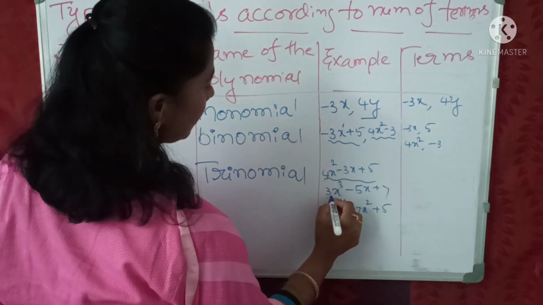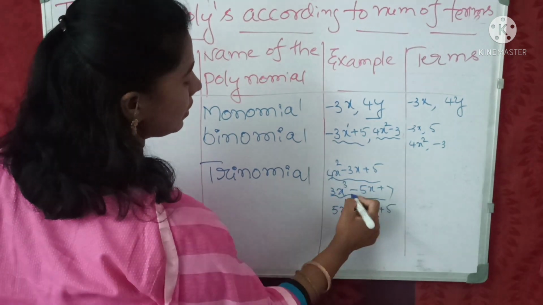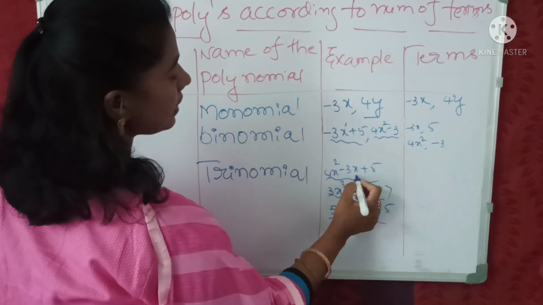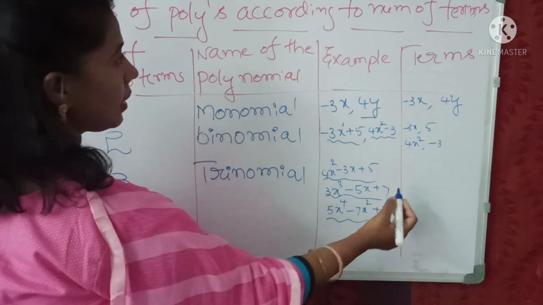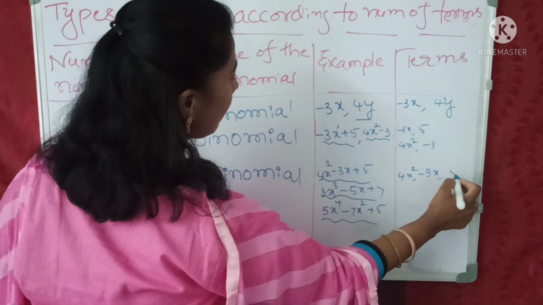In this trinomial, there are only 3 terms. This is also 3 terms, and the last example also has 3 terms. That is 4x square minus 3x plus 5. In this trinomial, the terms are 4x square, minus 3x, and 5.